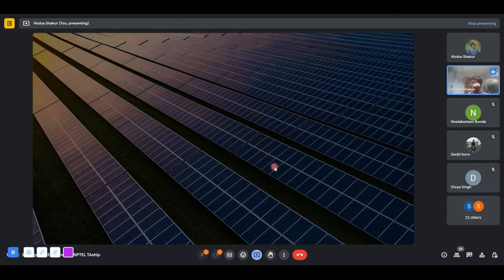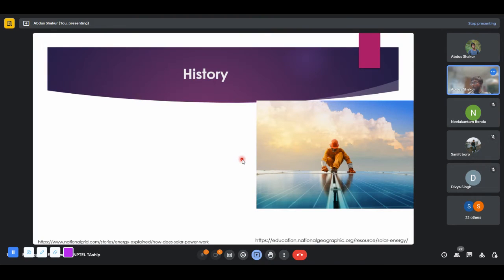Let's talk a little bit about solar energy, which is one of those renewable energy generation methods and has been marketed globally very much. Let's learn a little about how we got to know about solar energy. It's not like we are not known to harness the sun's power.